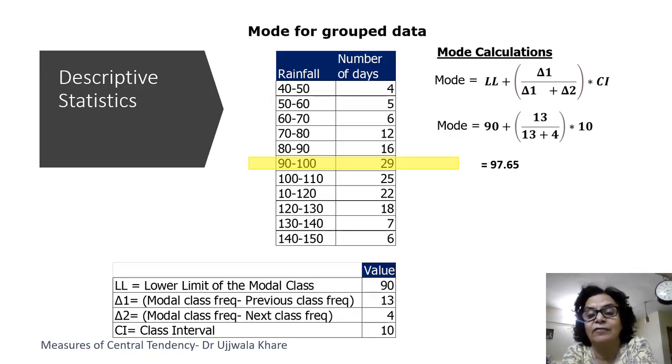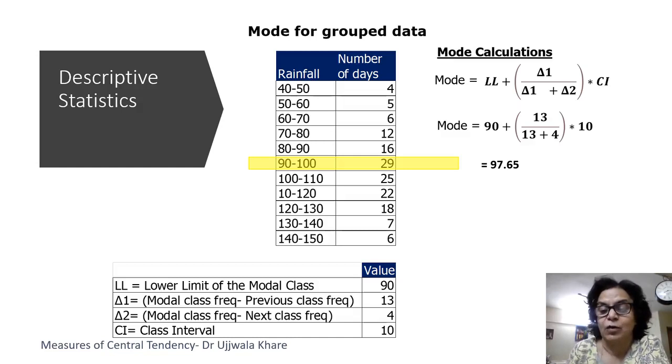Into bracket we have found out delta 1. Beforehand we have calculated it as 13. Then delta 1 again 13 plus delta 2, which is 4, into 10. So this answer is 97.65. You can try it and calculate it yourself.